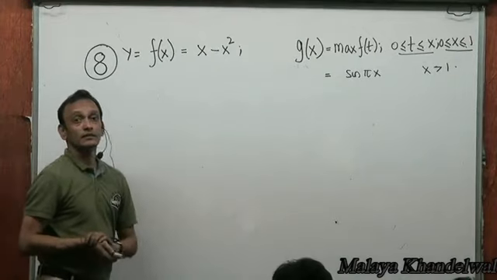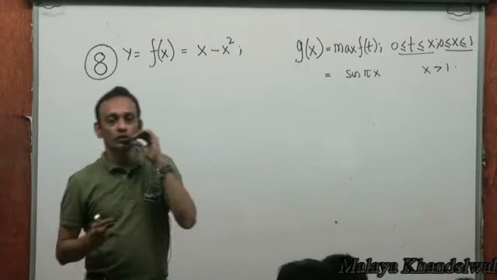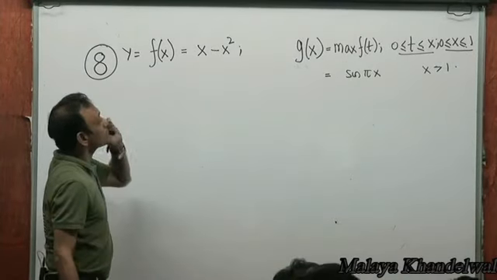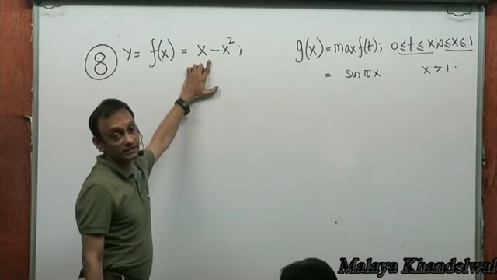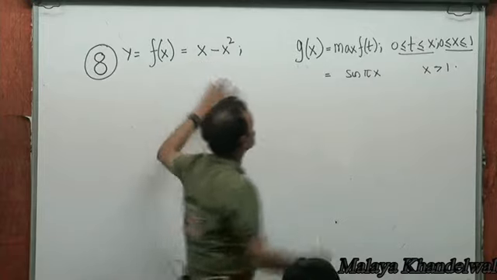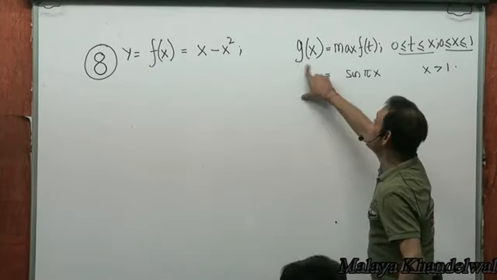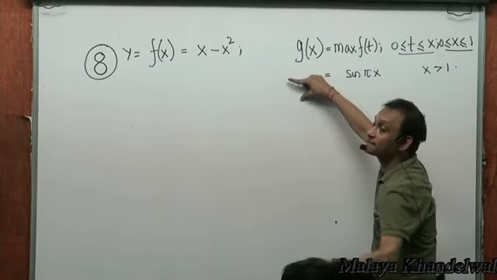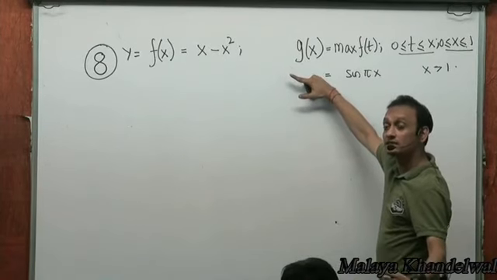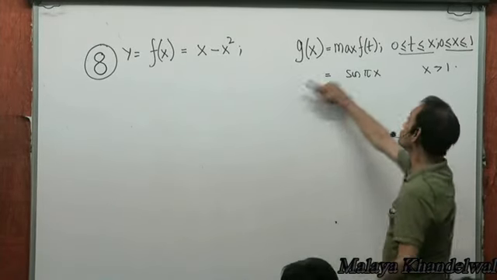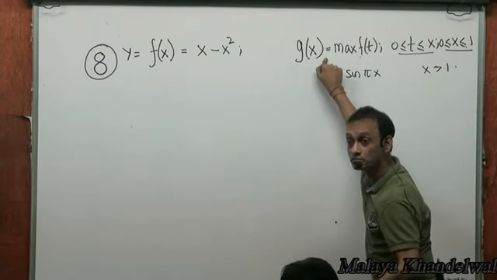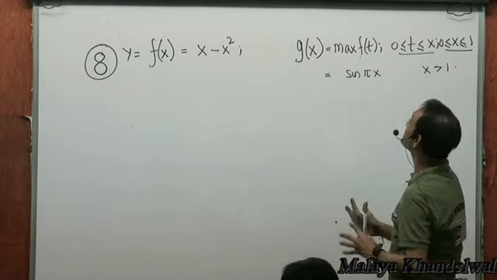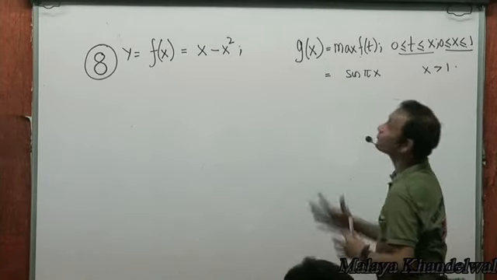Let us now try and draw the graph of gx from fx. Gx bears inheritance from fx, and the genetic constitution of that inheritance is given by this line of description. How do I obtain gx from fx?